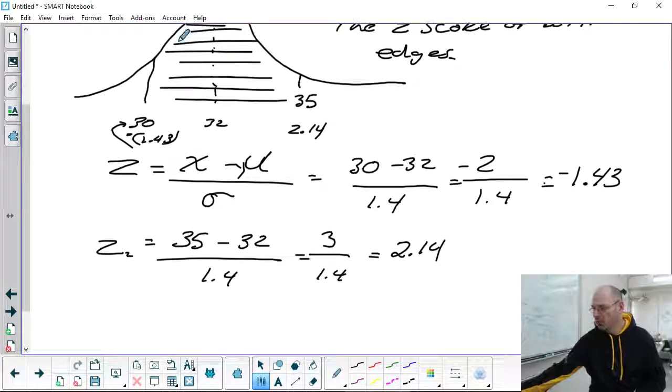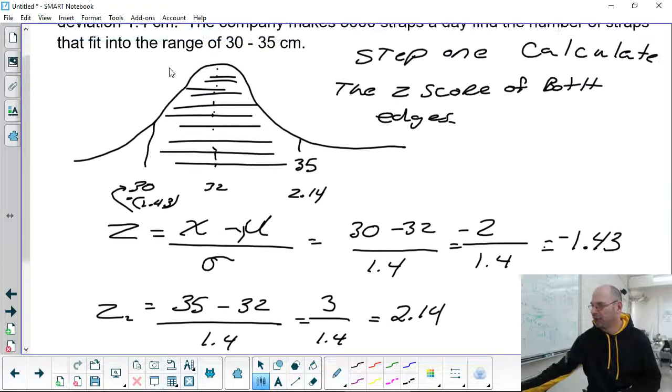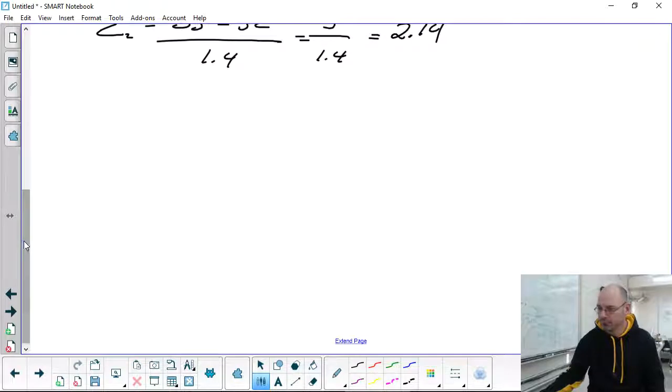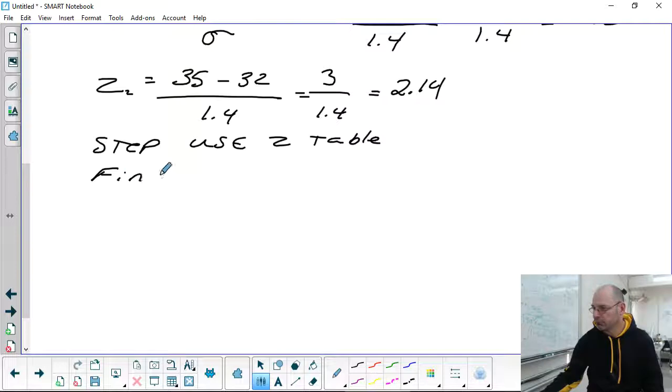So in step 2, after we calculate the z-scores, we find the areas and subtract them. Okay, so step 2, use the z-score table. Find the percentages area for each edge.